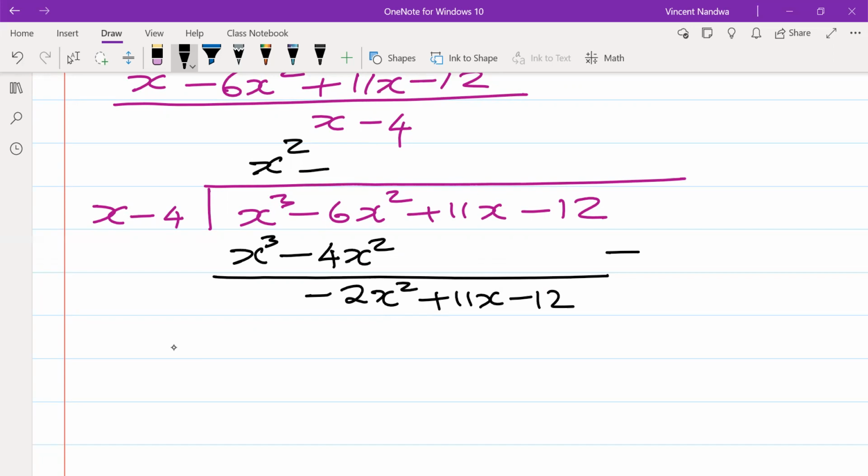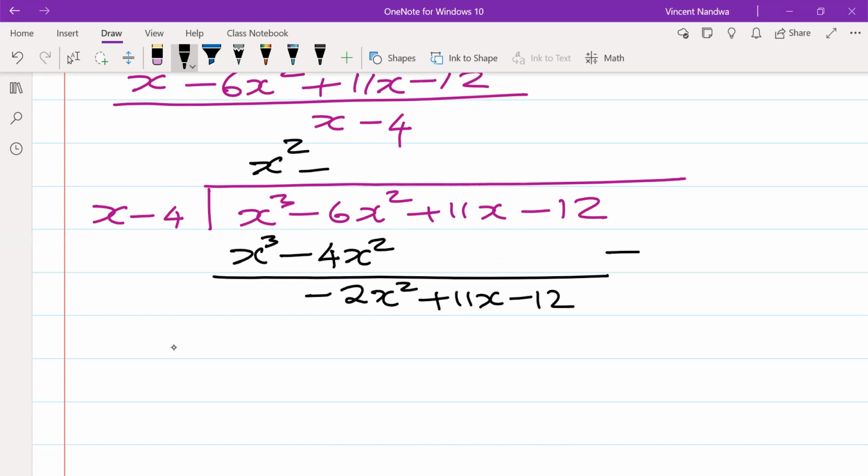What determines what to do is the term with the highest power of x, the leading term.